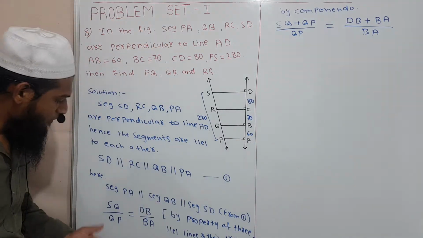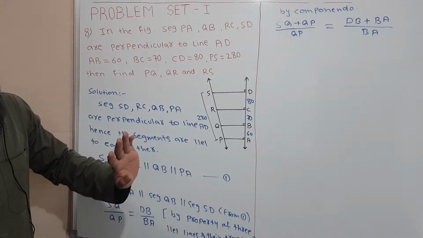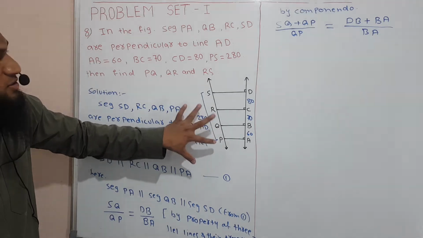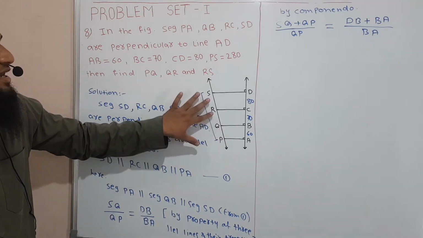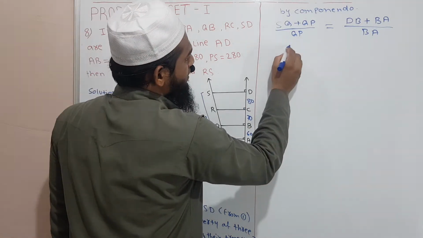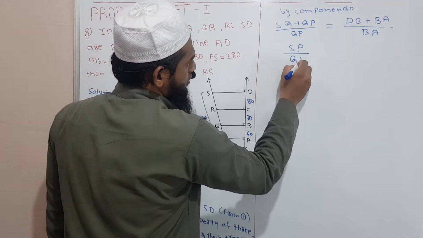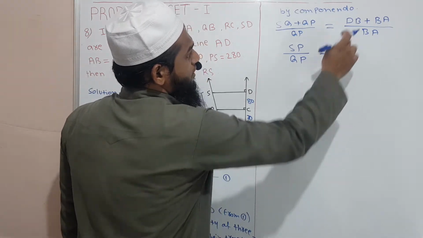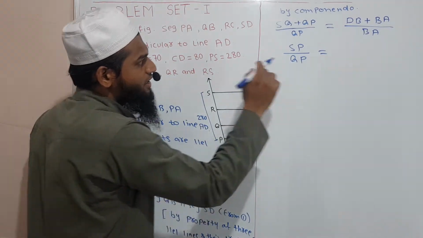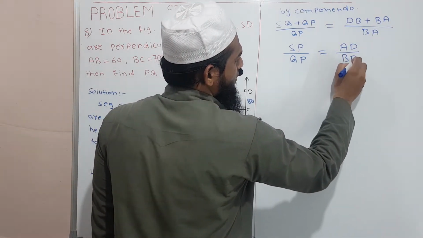Okay, now if we observe that SQ is here and PQ is here, now SQ plus QP is PS, ये दोनों का एडिशन करें, SQ प्लस QP करें तो क्या मिलता है हमको SP, ओके, SP अपॉन QP इज इक्वल्स टू DB जमा BA, DB plus BA, what we are getting, AD upon BA.